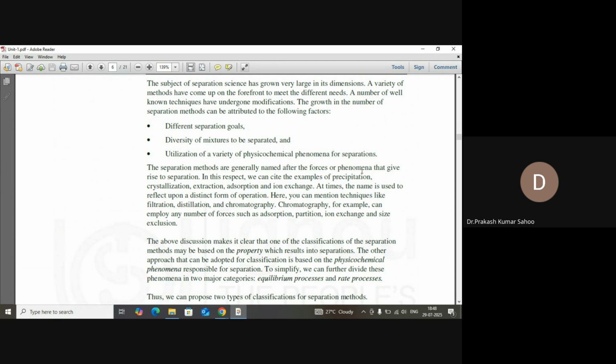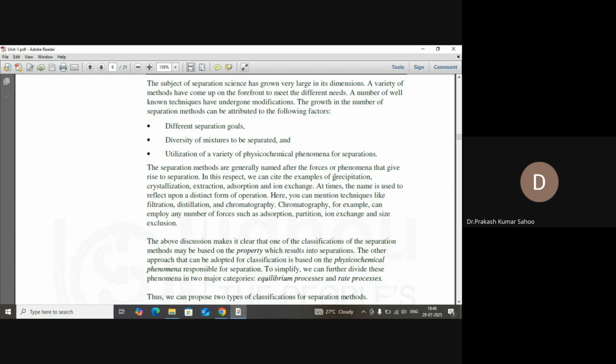So depending on the aim or the goal we have, the separation of components from a mixture is carried out accordingly. The separation is named after the forces or phenomenon that give rise to the separation.